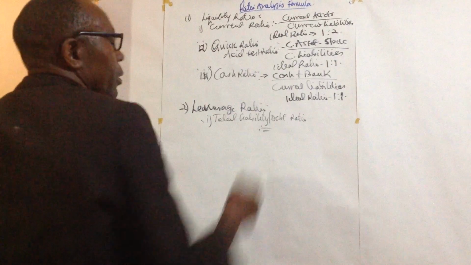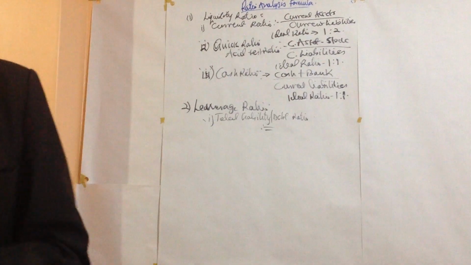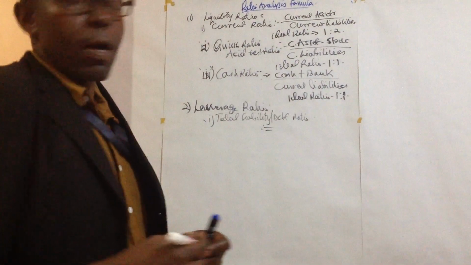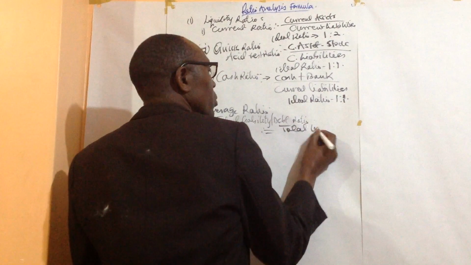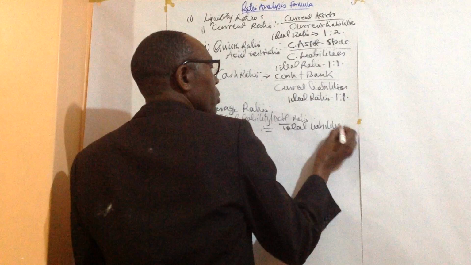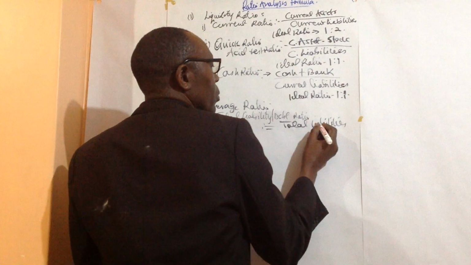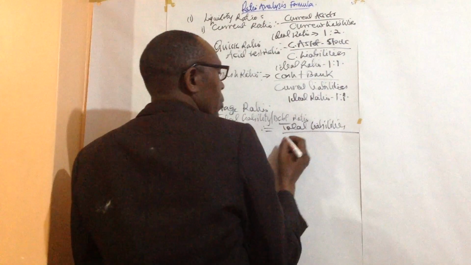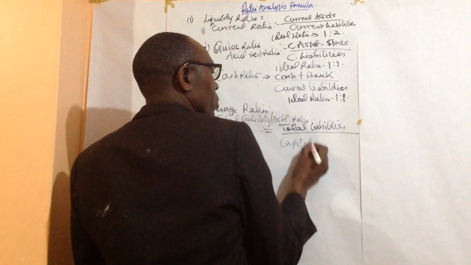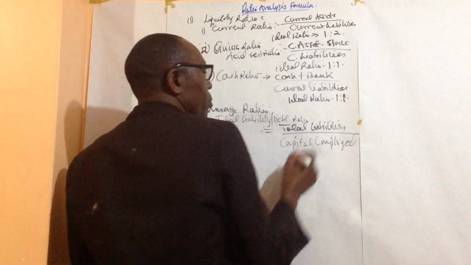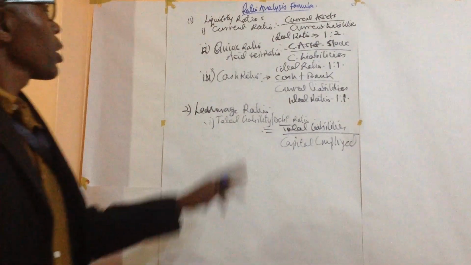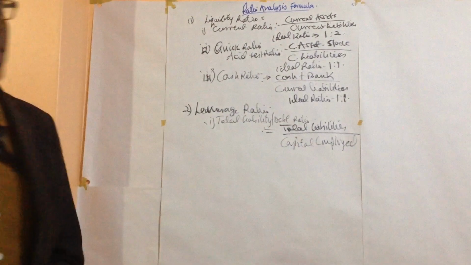The formula for this is the total debts or liabilities over the capital employed. That's the formula for the total liability or debt ratio.